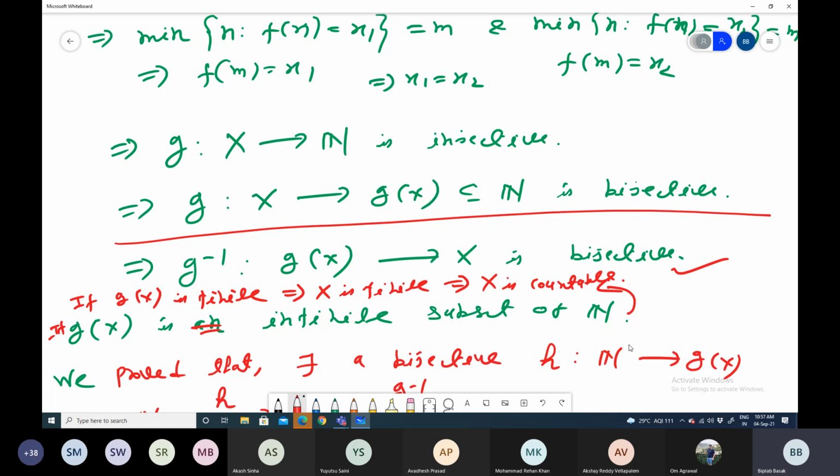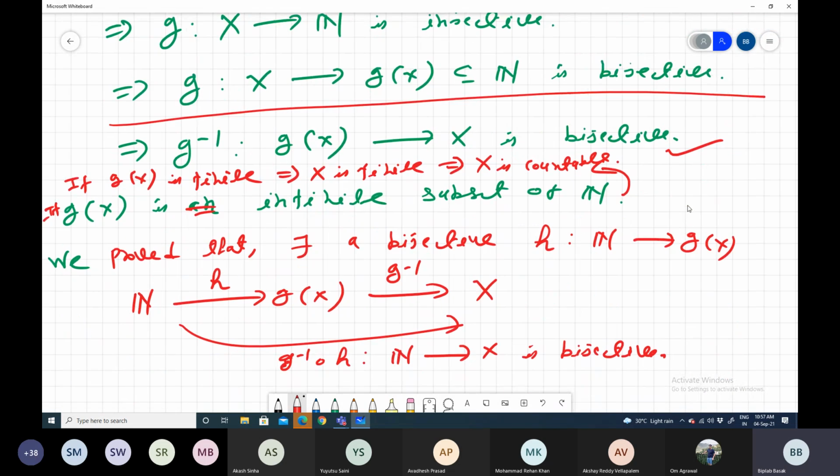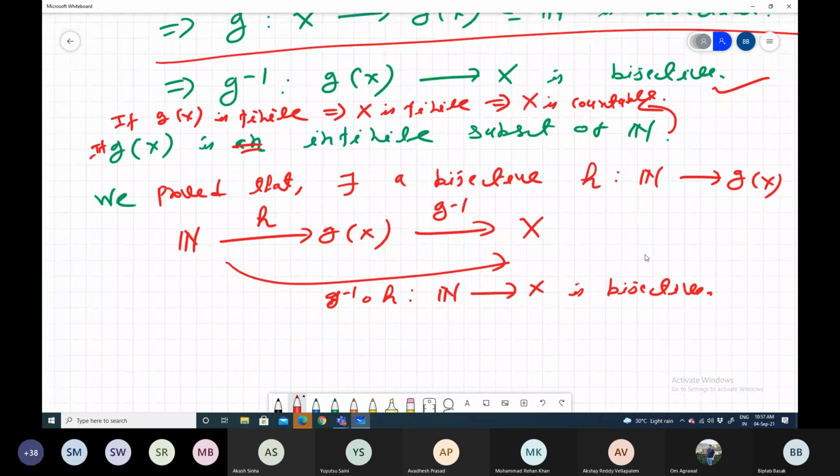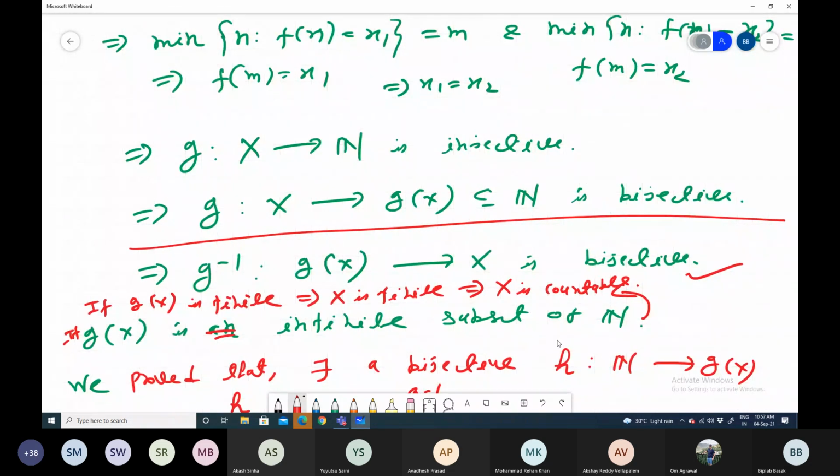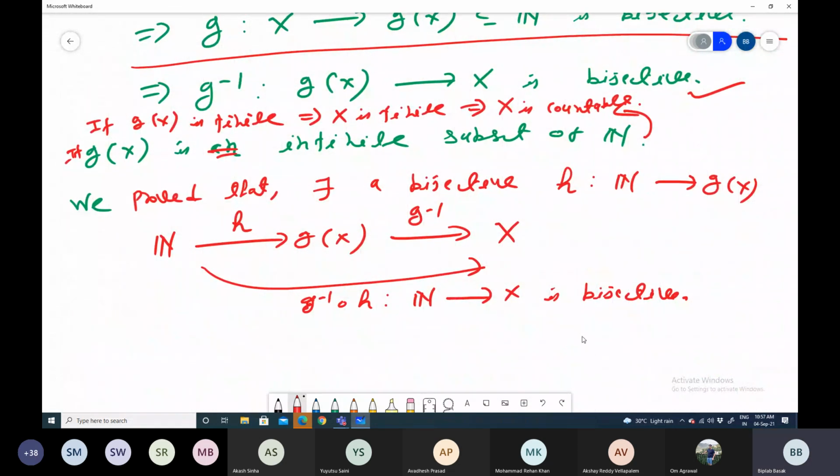Okay, fine. So thank you for the correction. So it may happen that g(X) is finite, right? If g(X) is finite, then X is finite. So therefore X is countable. Now if g(X) is infinite, then we do the rest. Okay, is that fine to everyone? Okay, then we can stop today.